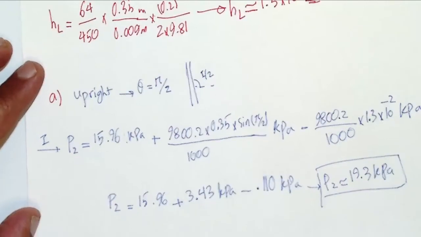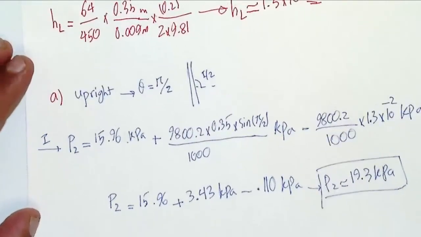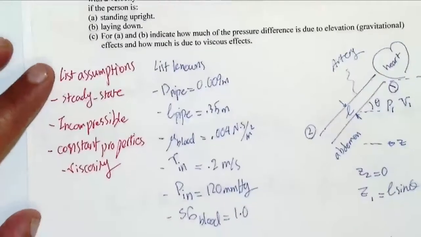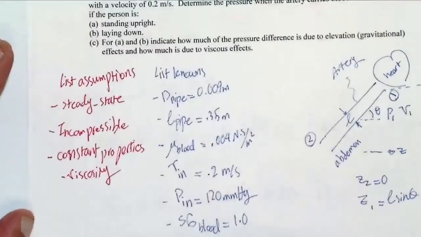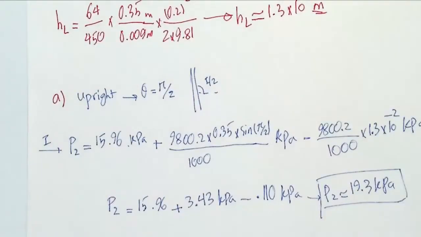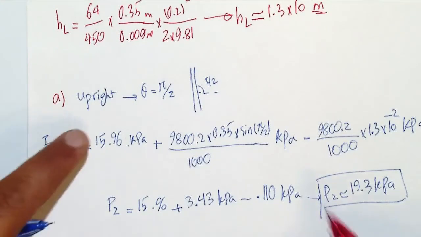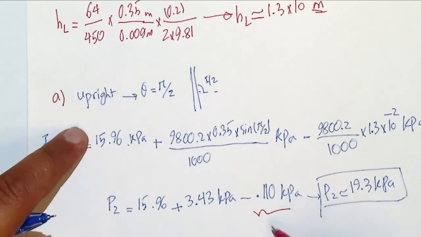Okay, but part C also asks you a question: indicate how much of the pressure difference is due to elevation or gravitational effects, and how much is due to viscous effect. Viscous effect means the last term, the term that you find here, that's because of the viscosity effect.